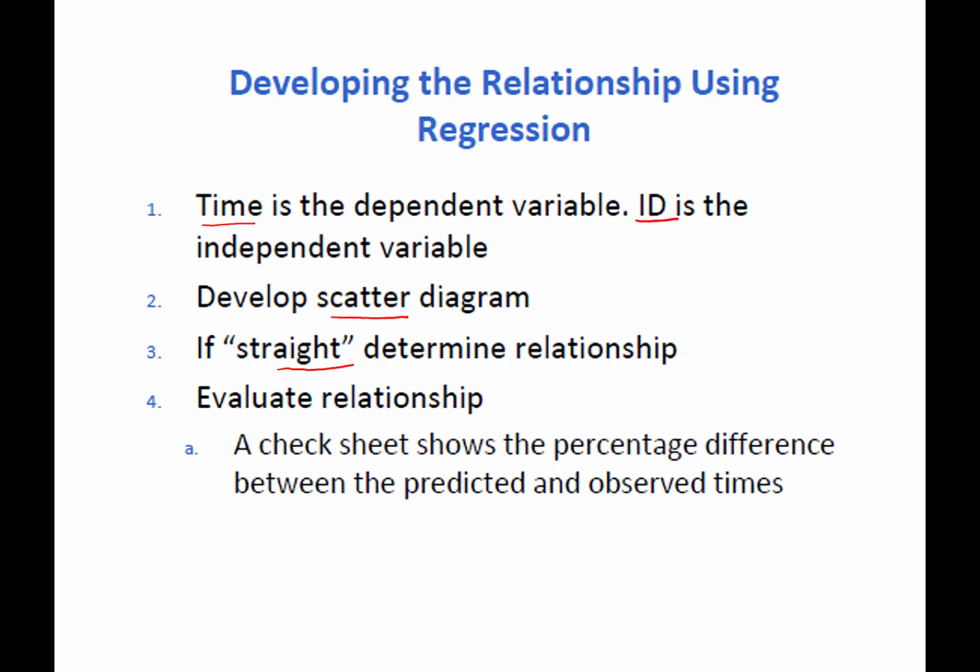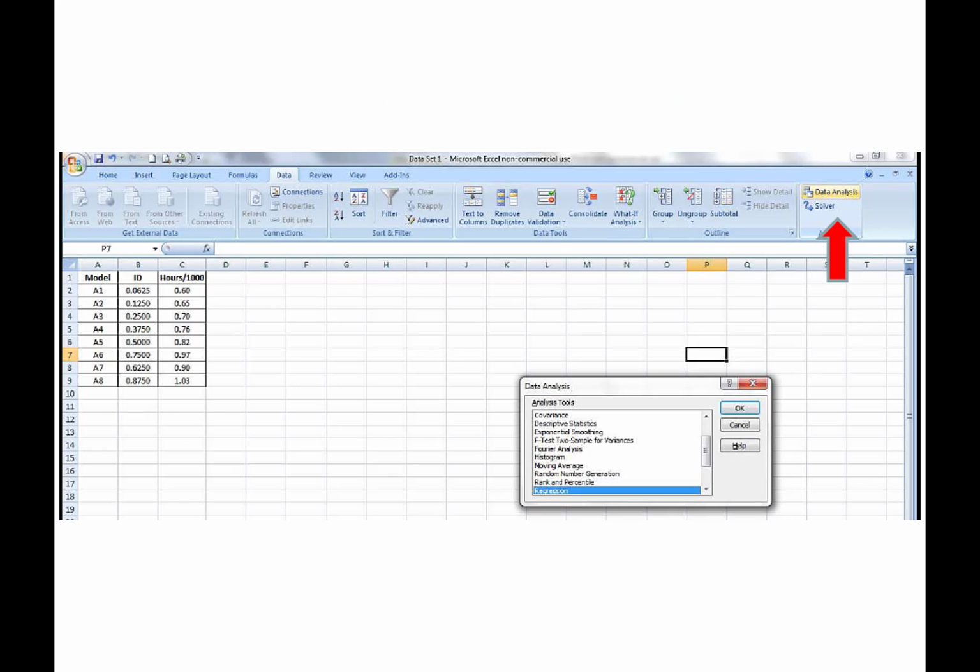So we will try to do the regression analysis to see how the time is changing as a function of the internal diameter. So that data is entered here. For the different models having the different IDs, the data is entered. Okay, and this is the time for manufacturing 1000 washers.